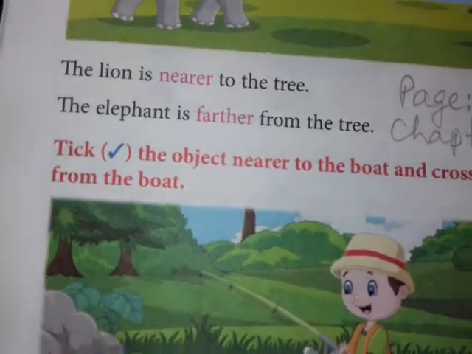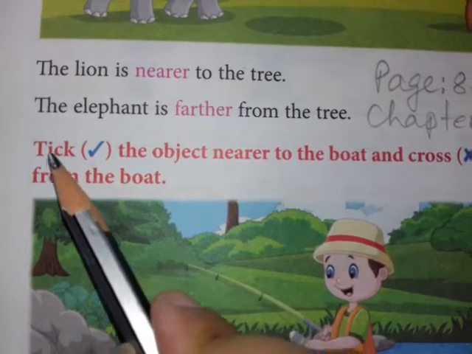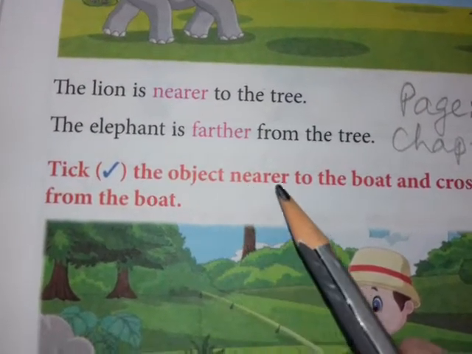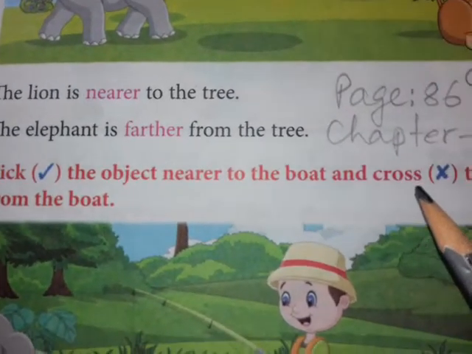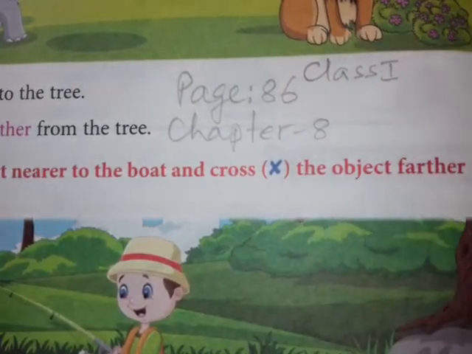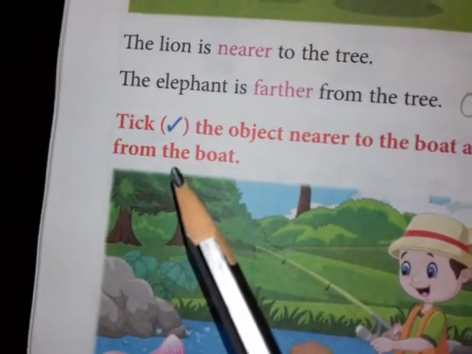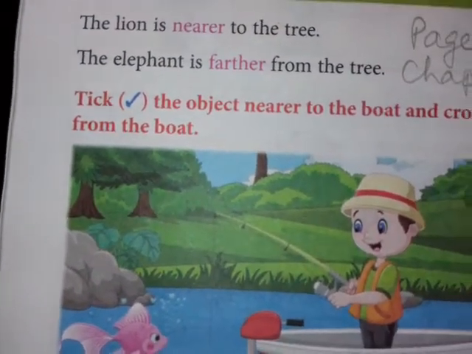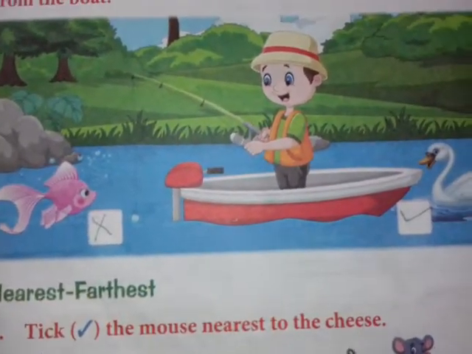Next, the question is given here. Tick the object nearer to the boat and cross the object farther from the boat. Here what can we see? Here is the boat.